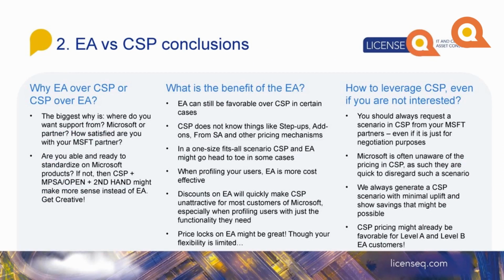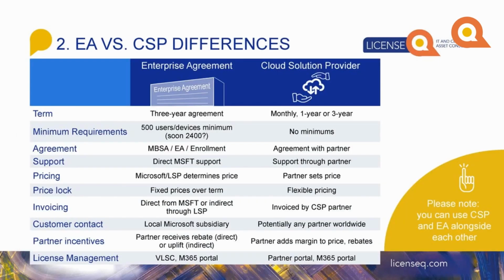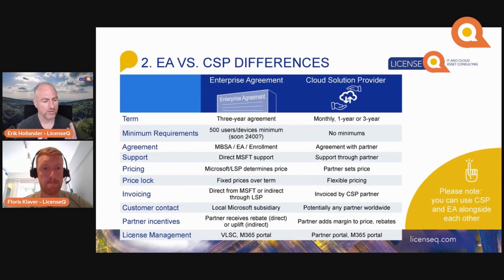And how would you look at that from a pricing increase perspective, if you have that flexibility in CSP alongside the EA? Yeah, good question. So having said that, with CSP, even if you get price increases, you usually need it for like 1 to 3 months.